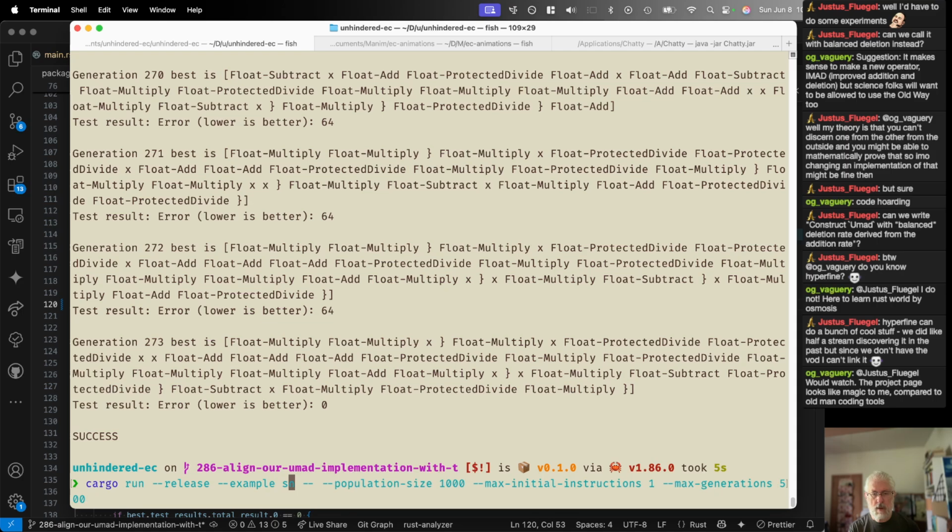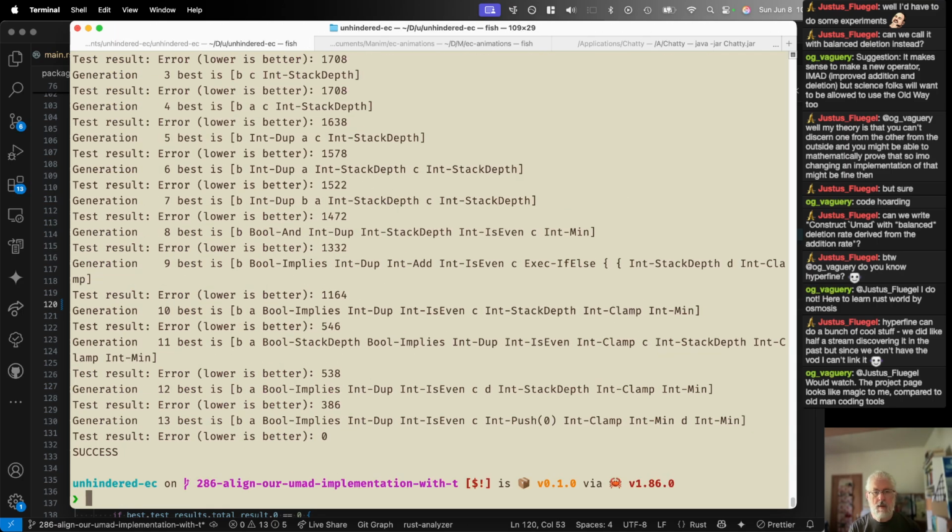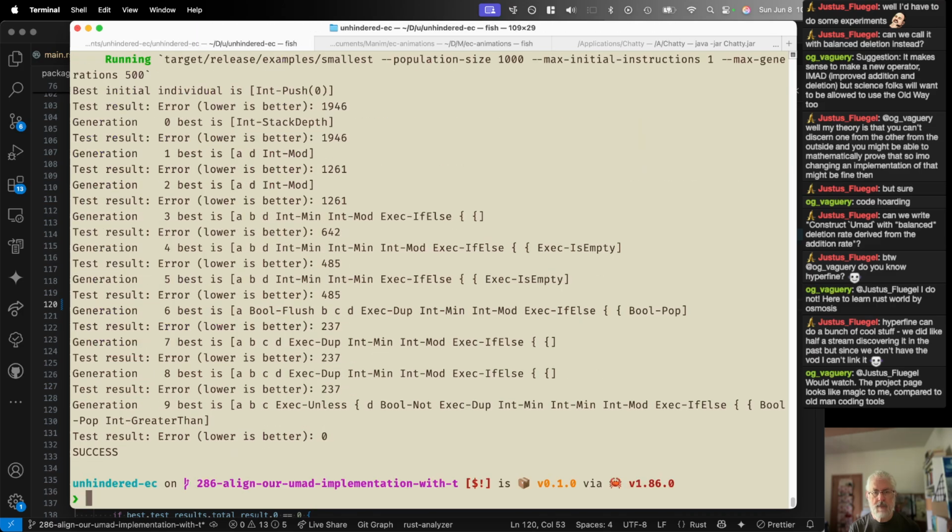Smallest, smallest. And we win, yay! And I think here, if you just have enough int mins, you solve the problem really easily. So that makes that a very easy problem. Okay.